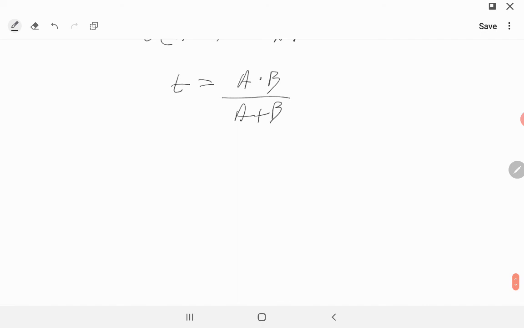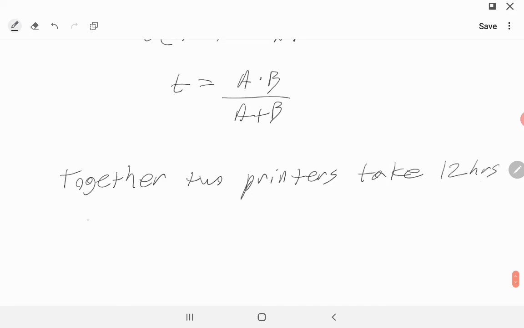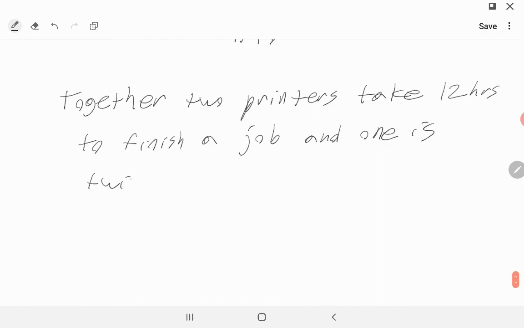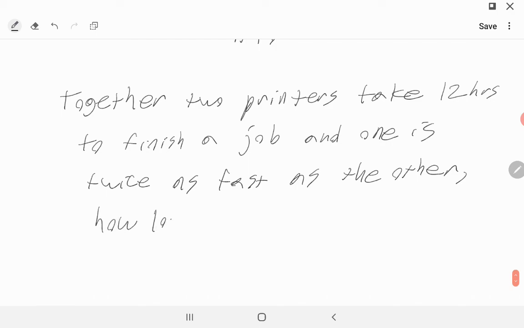And so if we said something like together, 2 printers take 12 hours to finish a job, and one is twice as fast as the other, we can ask how long would each take working alone.